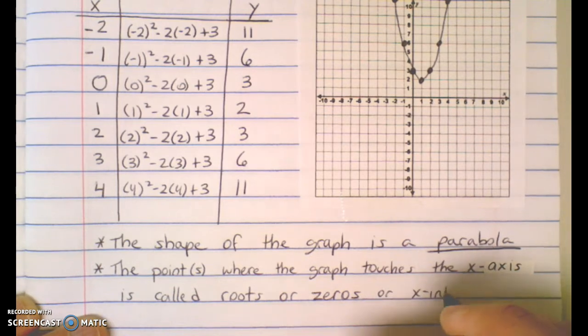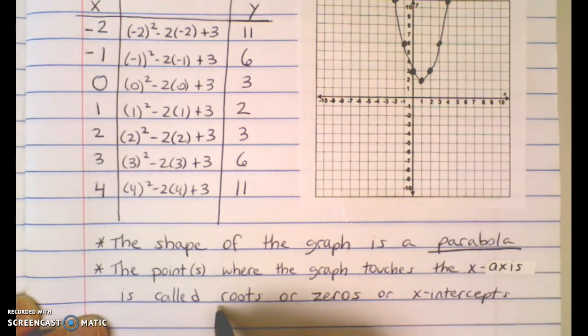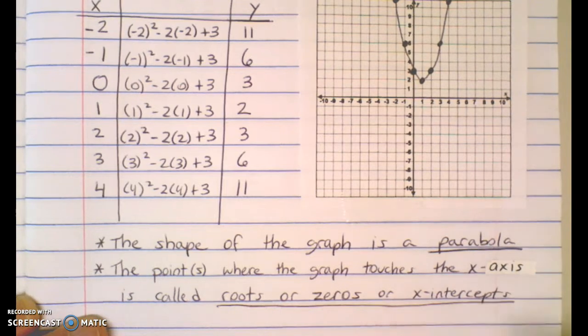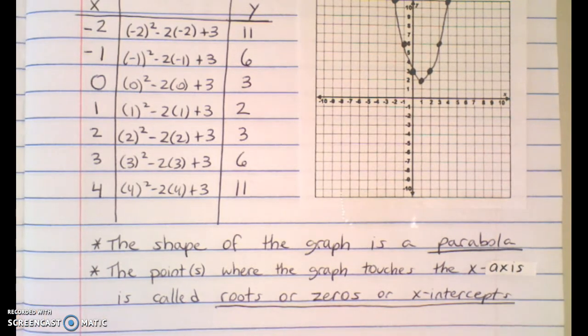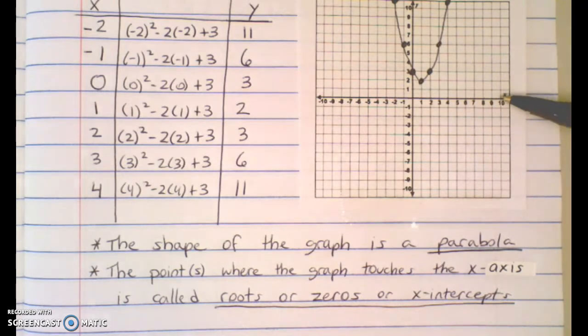There are three words for them. Roots, zeros, or x-intercepts. And actually for this graph there are no x-intercepts because we're not crossing the x-axis.